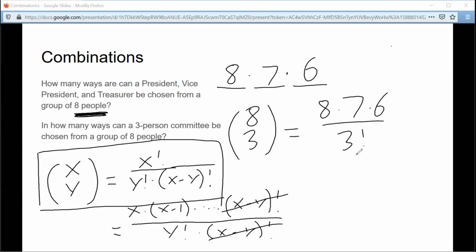Basically, n factorial is equal to n times the number 1 less than n, minus 1, times the number 1 less than that, and then all the way down to 1. So that's the definition of a factorial. For example, 5 factorial would be 5 times 4 times 3 times 2 times 1. And 0 factorial is defined to be 1.